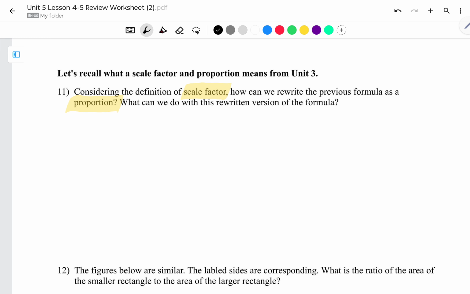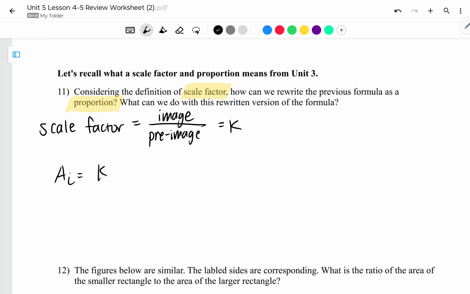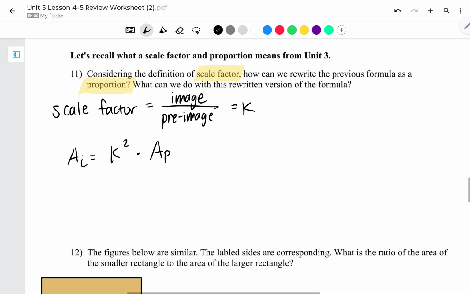Okay. So we know, again, scale factor is image over pre-image, right? The K. So if I know that the formula is this, and then I go ahead and rewrite my scale factor K to look like this, right?